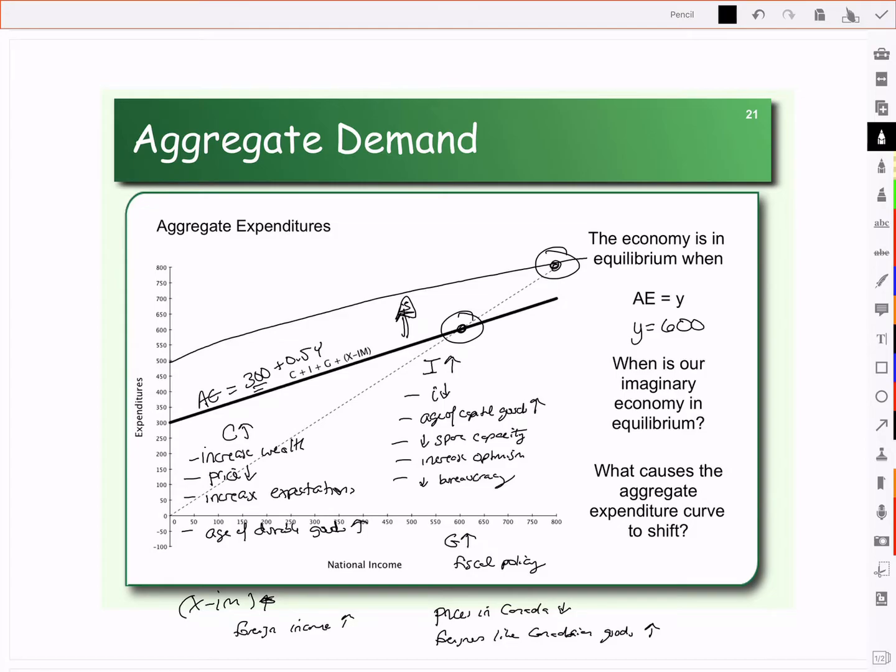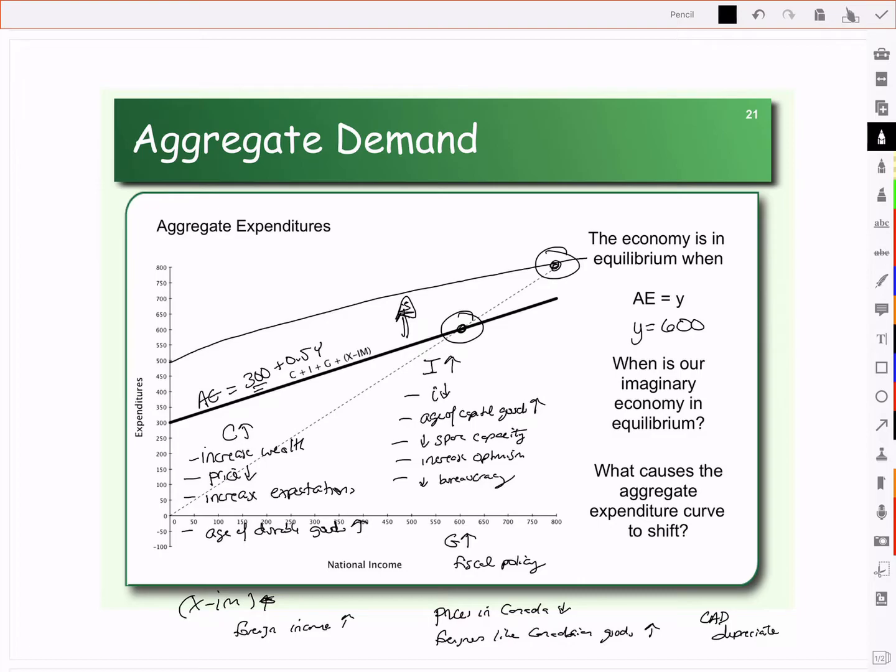And the last one that changes net exports and increases autonomous aggregate expenditures is if the Canadian dollar changes value, and it would need to depreciate. That would make Canadian goods cheaper for foreigners to buy, making exports go up.